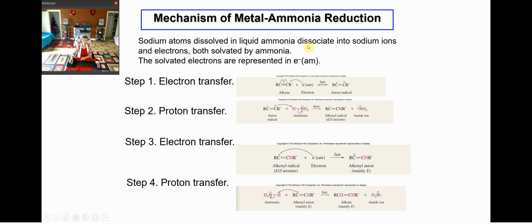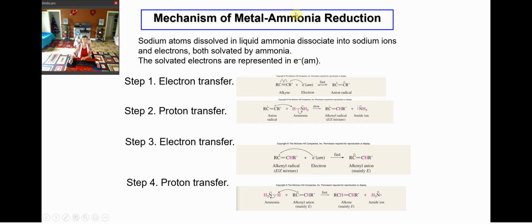Sodium dissociates to the sodium cation, and you lose the electron. That electron is also solvated by ammonia. The solvated electrons are represented as e negative in parentheses with NH3, representing ammonia solvated electrons.